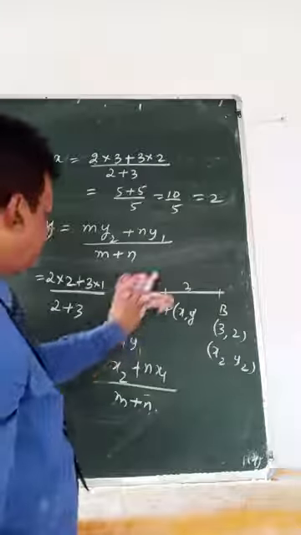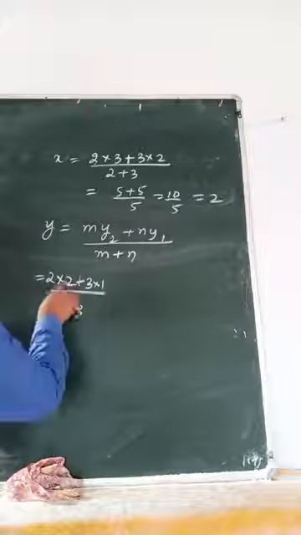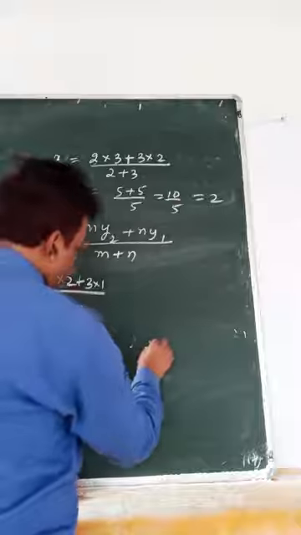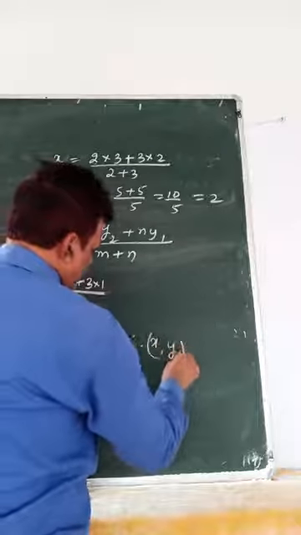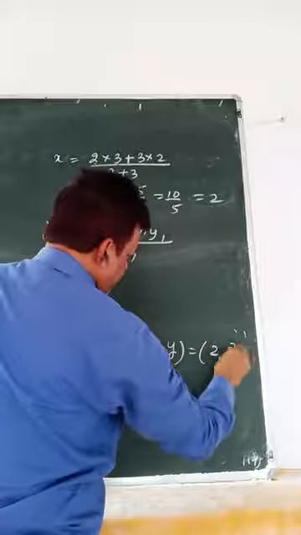So how much you got? 4 plus 3, 7 by 5. Therefore the coordinate is 2, 7 by 5.